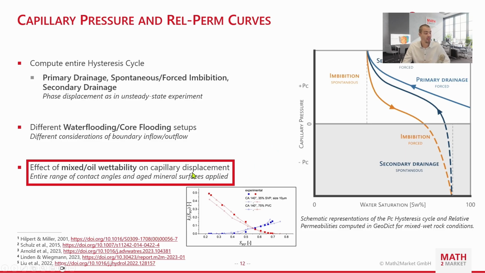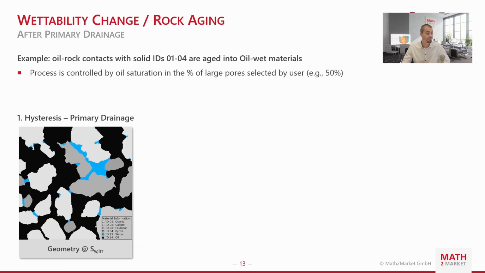With that said, I want to quickly explain how the wettability process itself works in GeoDict, so that you get a better understanding of the parameters that I'm going to show in a moment. Good. So first we simulate primary drainage, which represents, in geological terms, the initial invasion of the oil into the reservoir rock.